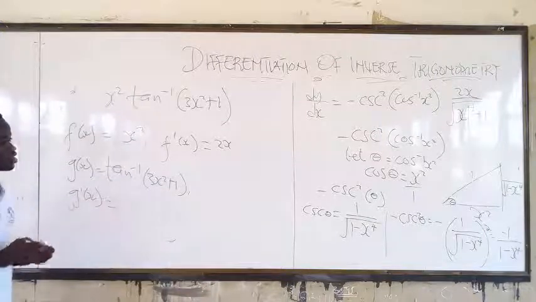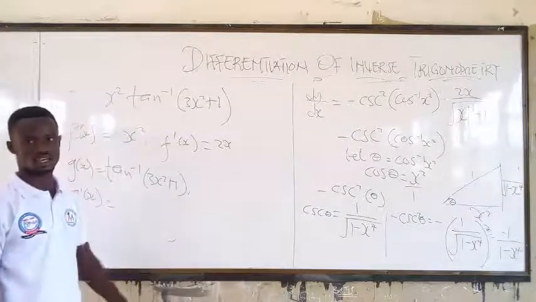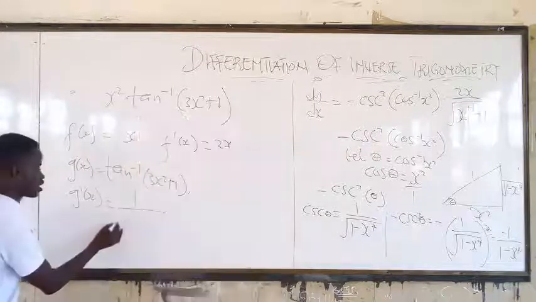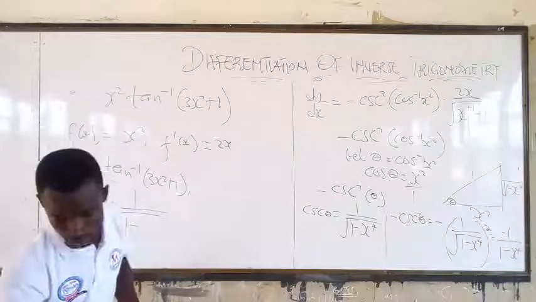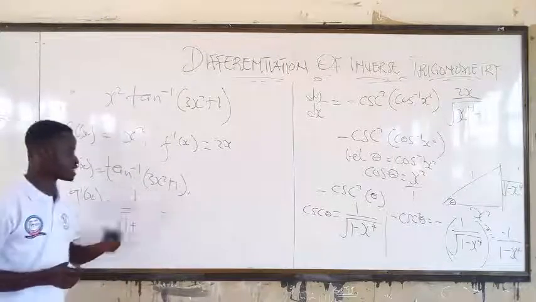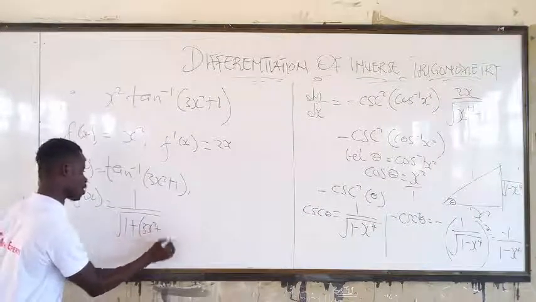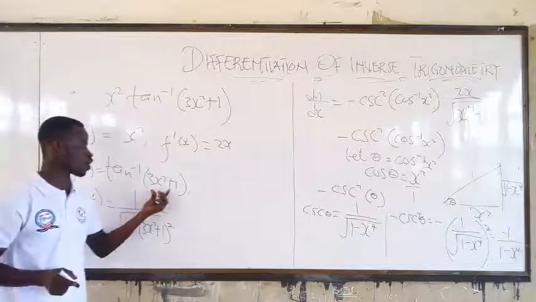So how do we take g prime of x? Now this one is for tan inverse. And you know that for tan inverse, the formula is 1 over 1 plus u squared, and the u is this, 3x squared plus 1, all squared, times the derivative of this.